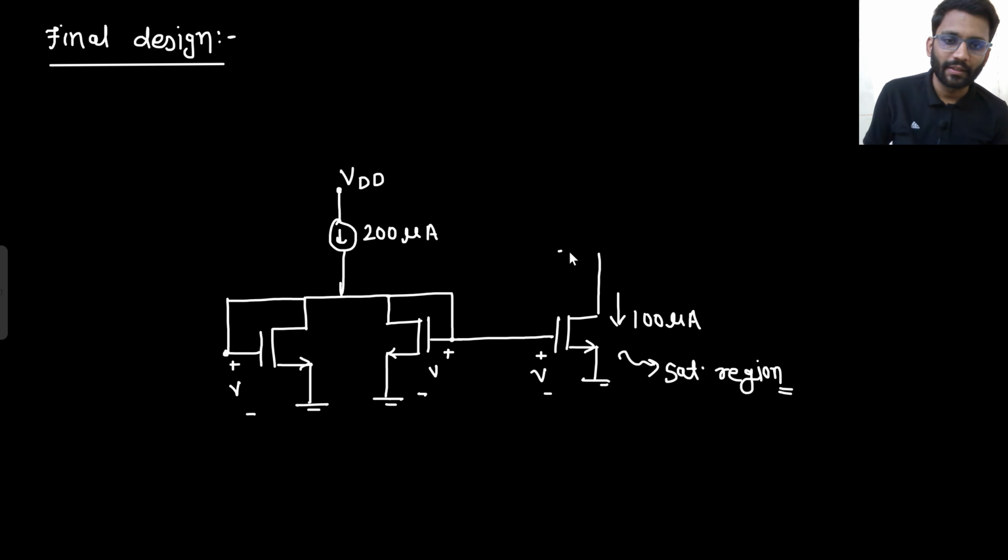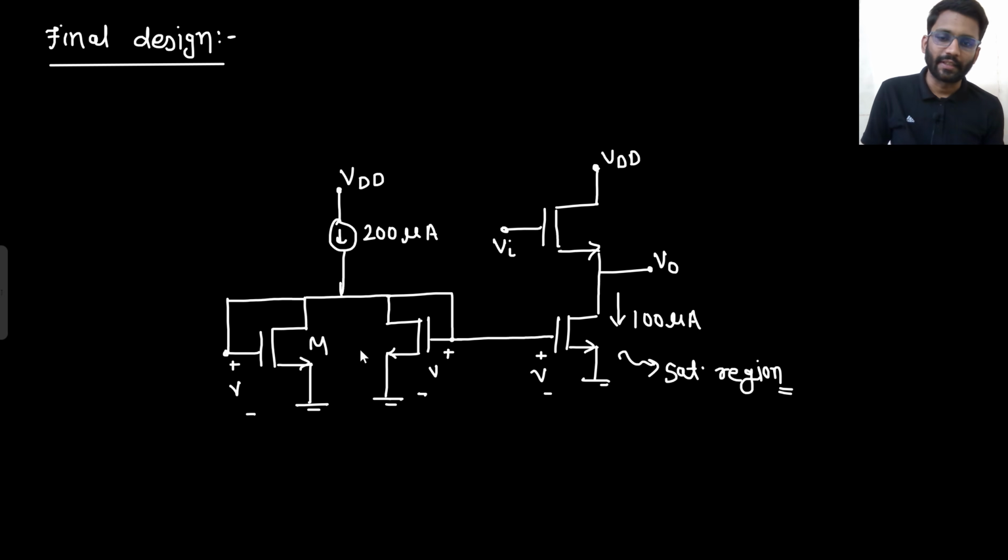So simply I need to use a common drain amplifier here. This was VDD. This is Vin, and this is my Vout. If this transistor is M, all the transistors that you are having have the same W by L. So all the transistors are identical. All what you are having is NMOS, all transistors are identical.